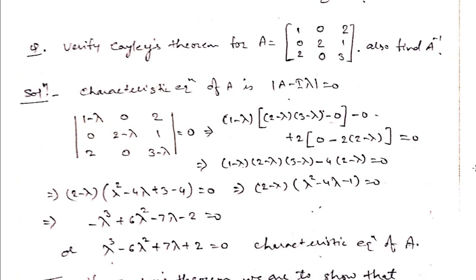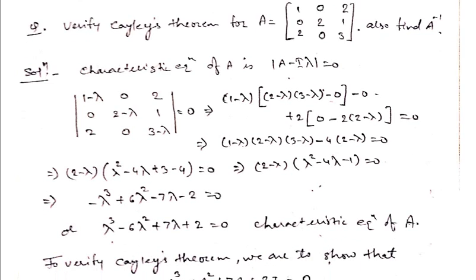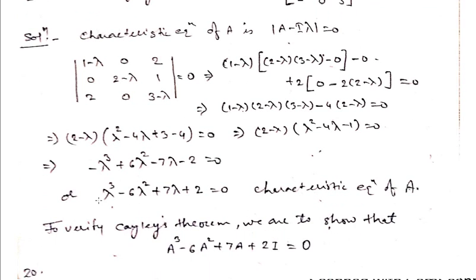It means if this matrix satisfies Cayley's theorem, it should satisfy this equation. Replace lambda with A only. So we get A cube minus 6A square plus 7A plus 2I.